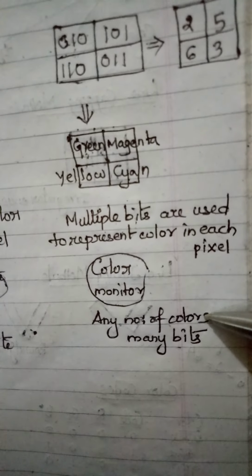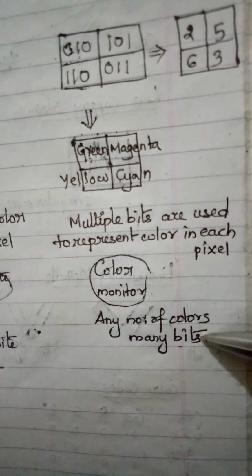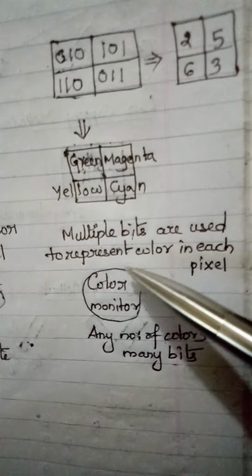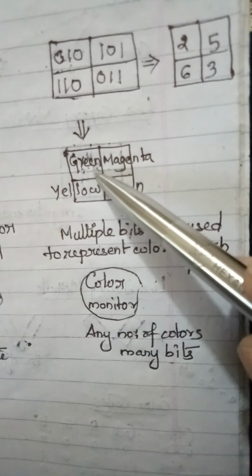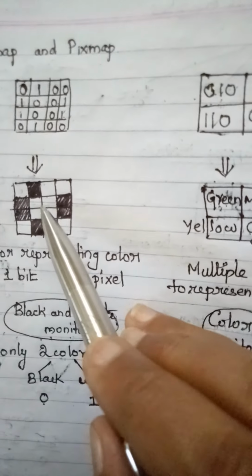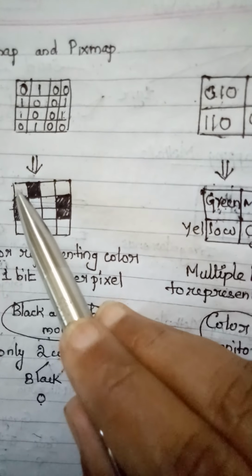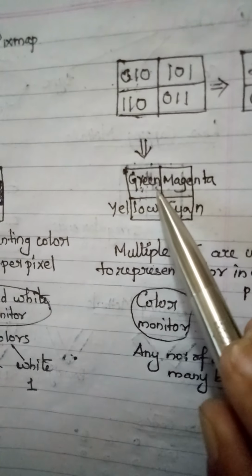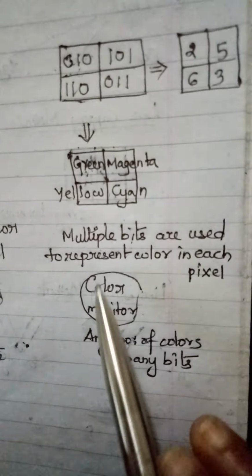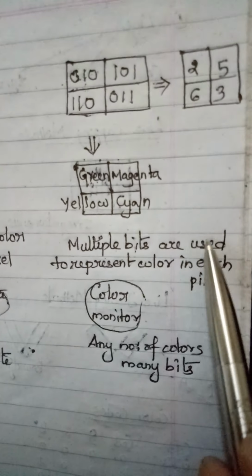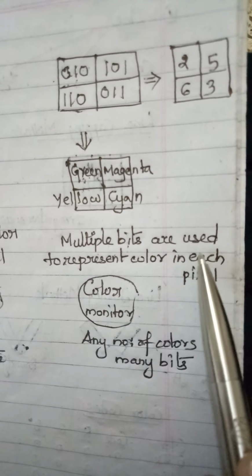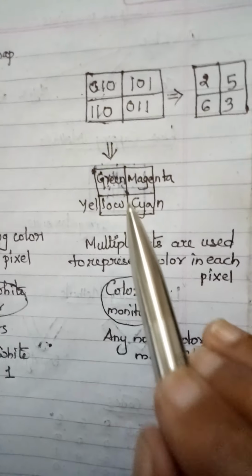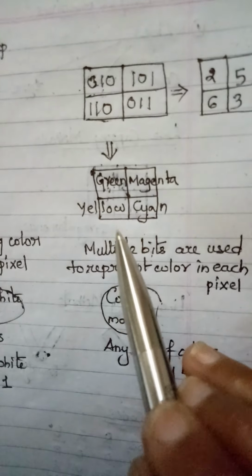To use multiple colors, we have to use multiple bits. See, to represent the color of a single pixel, I have to use multiple bits. Multiple bits are used to represent the color of each pixel. Each pixel color is determined by multiple bits like this.